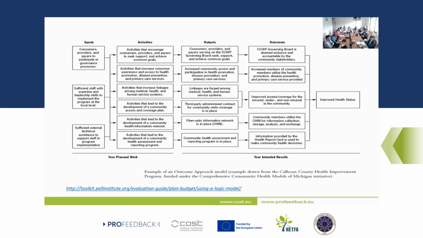But here you also see, I'm just going to give inputs like the sufficiency of human resources, sufficiency of financial resources, activities that encourage consumers to health improvements, consumers' outputs related to these activities, outcomes that are resulting from these activities, and the impact at the end is improved health status.